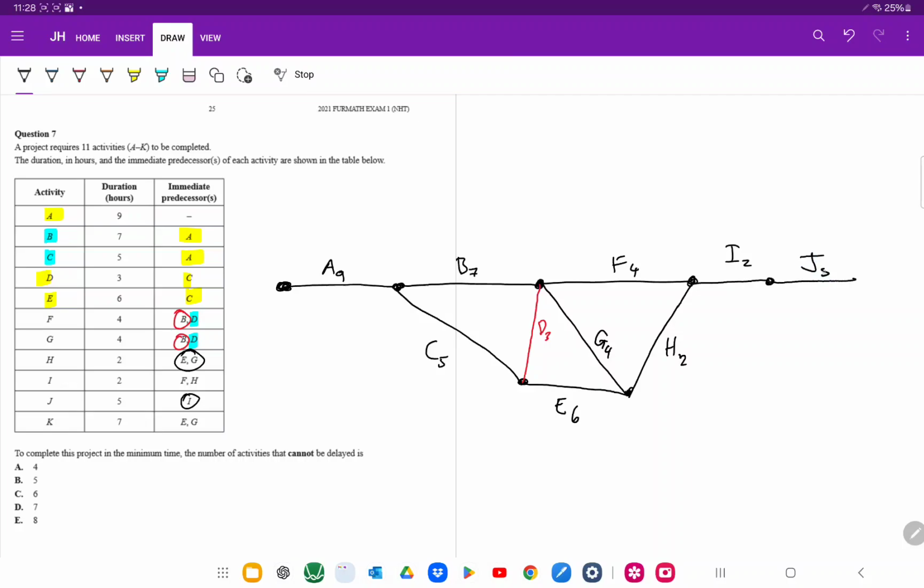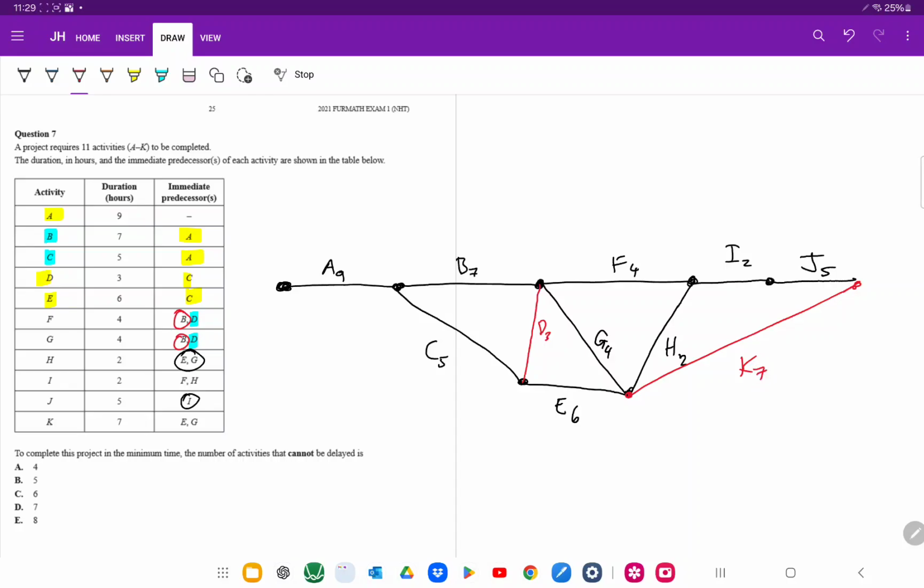J is 5, and K looks like it has predecessors of E and G, so that particular node. No, that goes to the end. So that has K, which is 7.